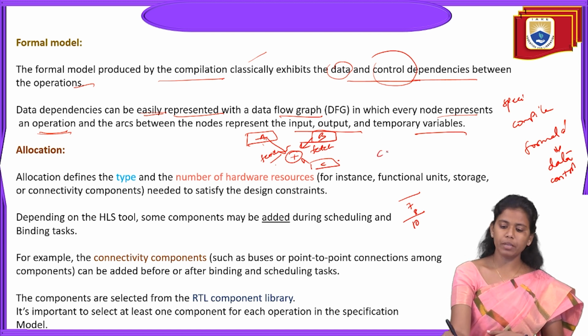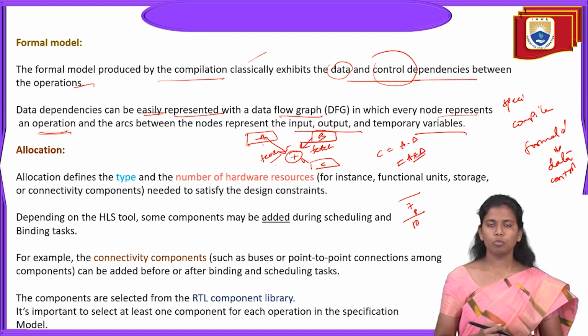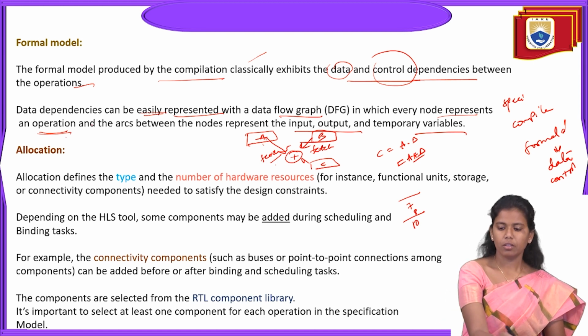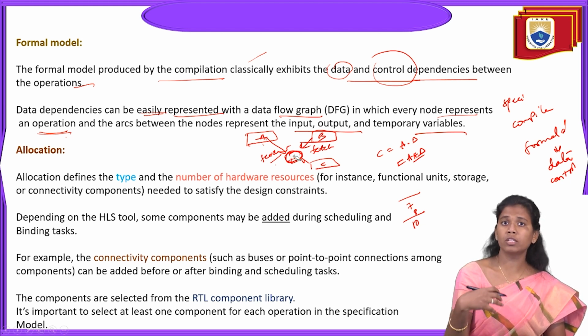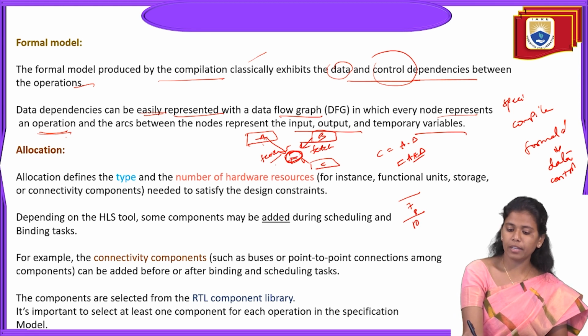For example, C equals A minus B, or C equals A into B, with multiplicand operands. Each node represents an operation. If I'm performing subtraction, I can represent it with minus.